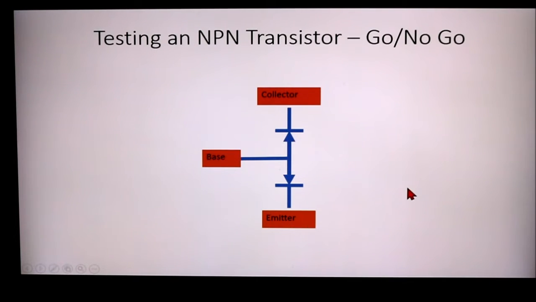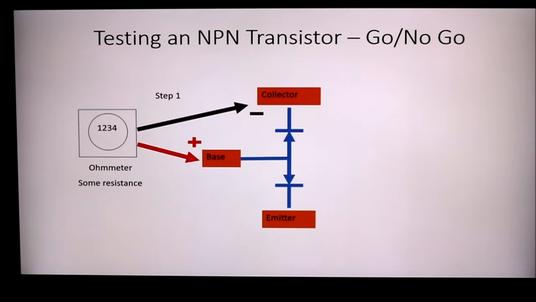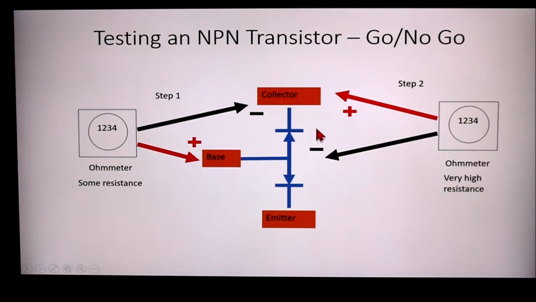So how do we test an NPN transistor? Well, pretty easily. We take an ohm meter and we put a plus voltage, the red lead, on the base, a negative voltage, or the black lead, on the collector, and we should see some resistance. Then we check the back bias by putting a plus on the collector and negative on the base, and this should be very high resistance or no connection.